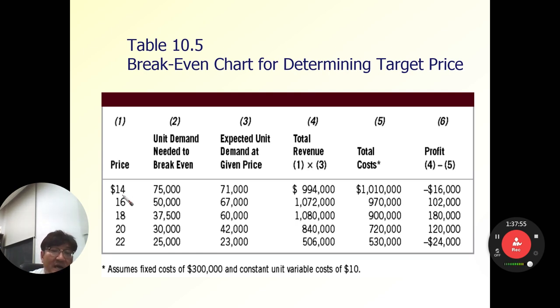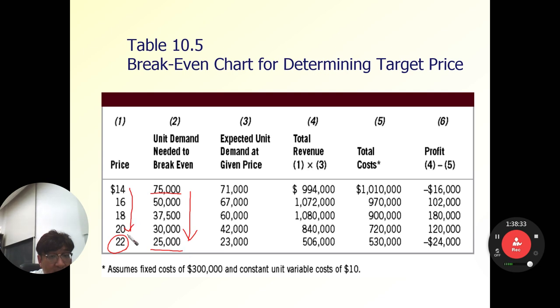For example, when we set the price at $14, the break-even point is going to be 75. When we increase the price, as you see here, the break-even point decreases. Then why don't we set the price at 22, because the break-even point is the smallest? What is the problem?